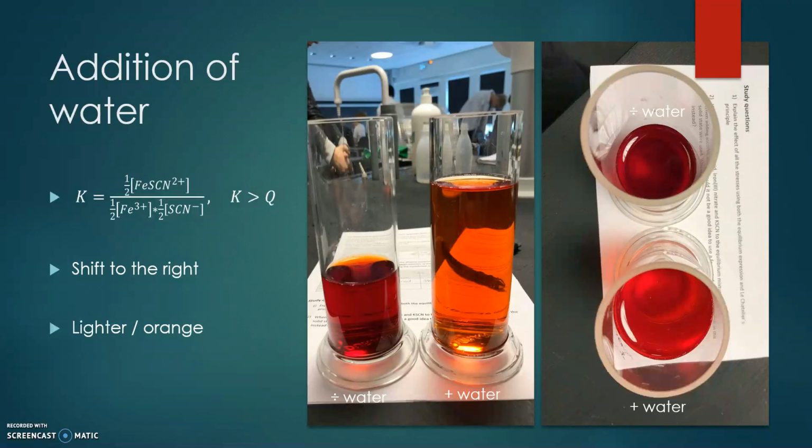As you can see in the pictures, from the side, the one without the water is a darker shade of red than the other, and it's likewise when you're looking at it from the top. This is because each of the concentrations in the water one was halved, which you can see in this expression.